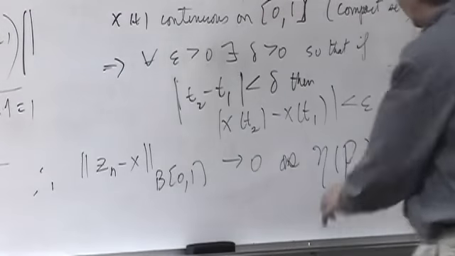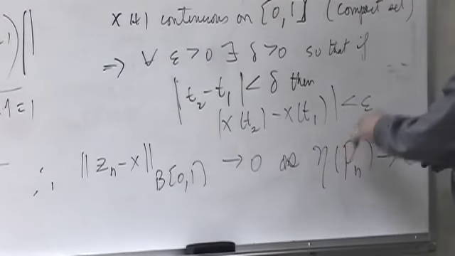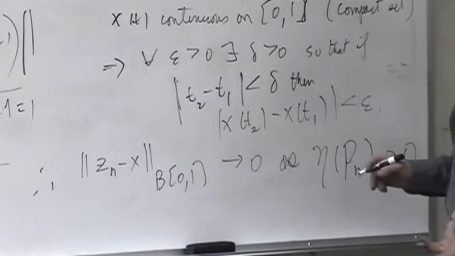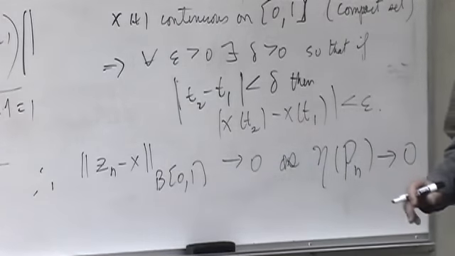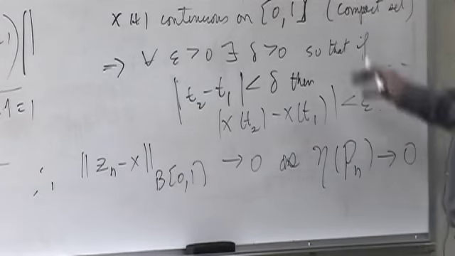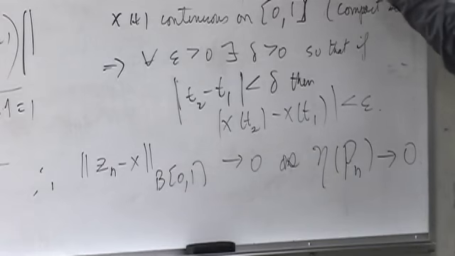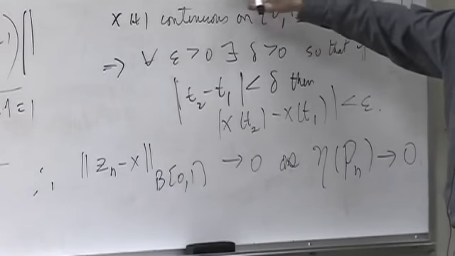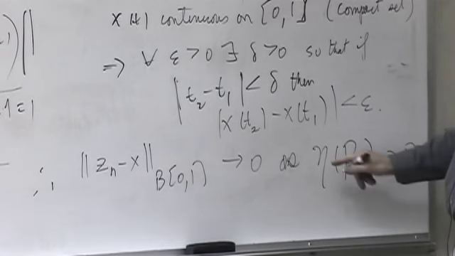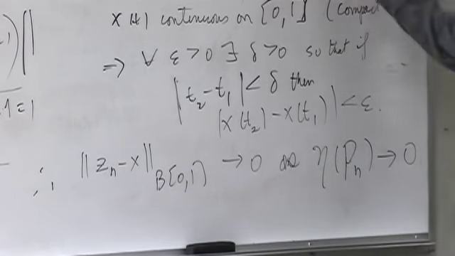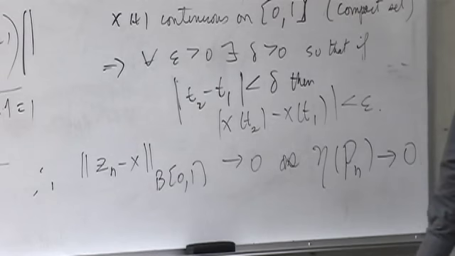In other words, give me epsilon equals 1 over n, or any big number. Give me your epsilon, I want to make this smaller than epsilon. I can make this smaller than epsilon by taking a delta so that if tj minus tj minus 1 is less than delta, then this supremum is less than epsilon.